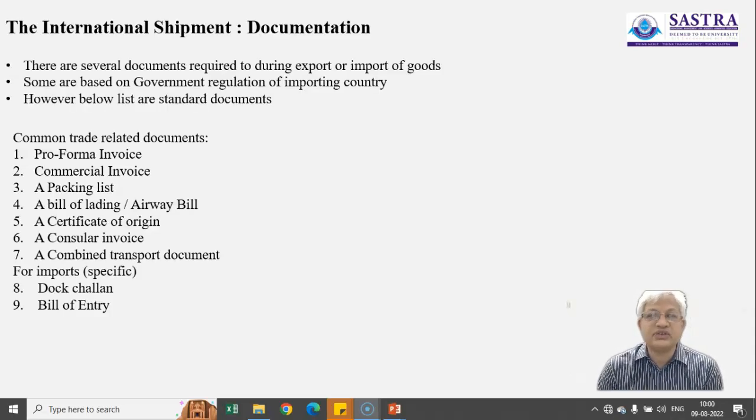There are several documents that are required during an export or import of goods. Some of them are standard documents and some more documents are spelt out by the government of the importing country. There may be certain regulations and guidelines which the business person in that country, who is also the importer, should adhere to.